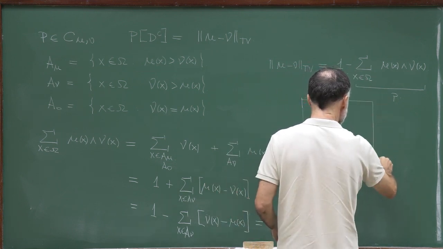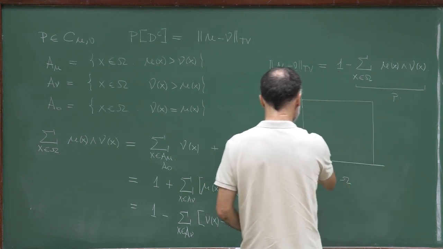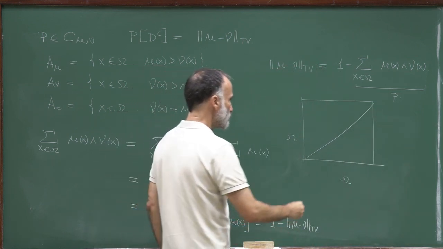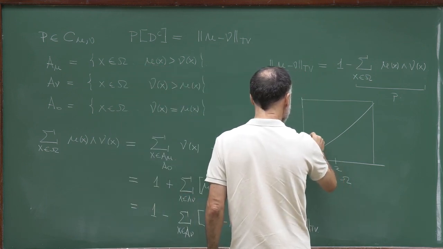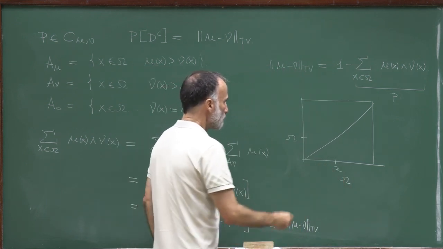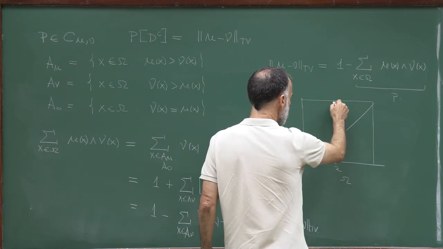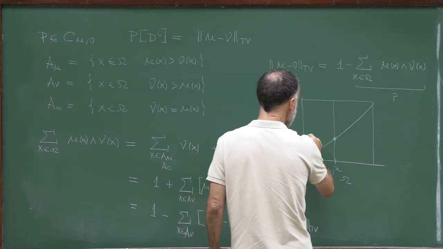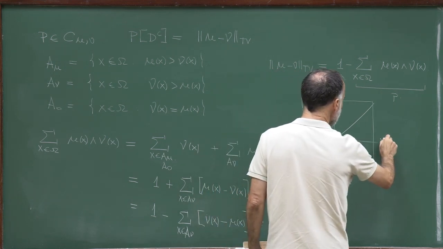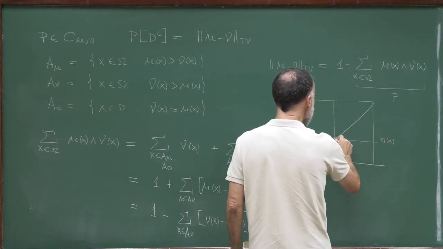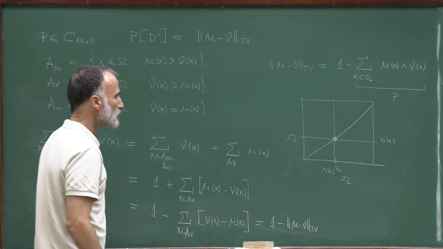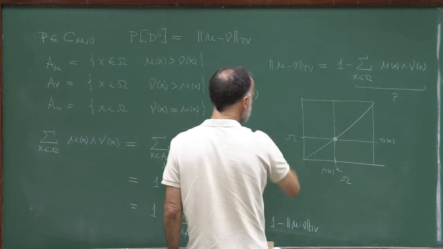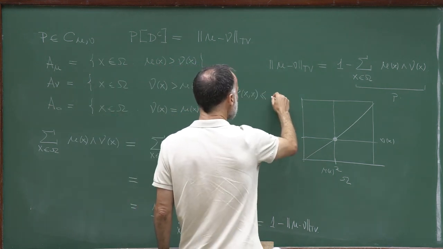So here is our set omega times omega. Here is the diagonal, and here is a point x. So the sum here has to be equal to mu of x, and the sum here has to be equal to nu of x. So it's clear that the value of this point, p of xx, has to be smaller or equal than the minimum.